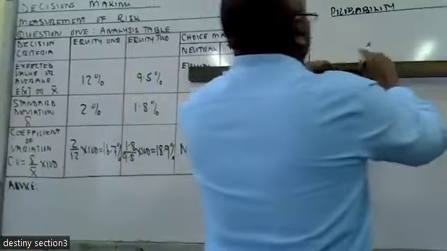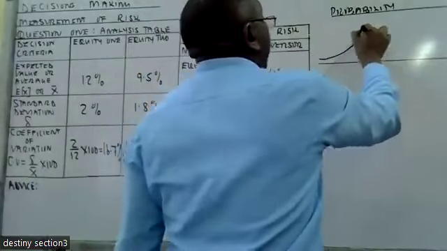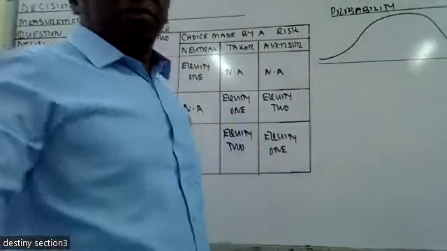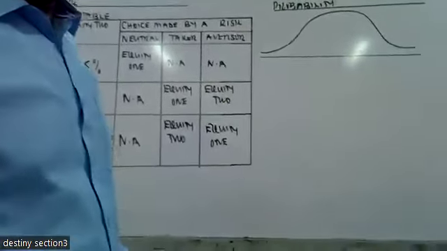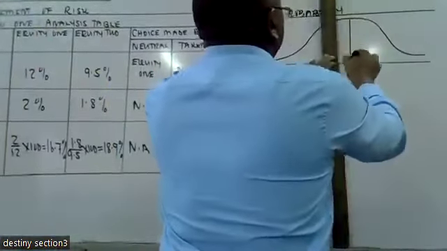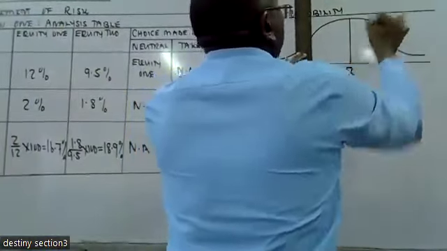In the probability, I told you what you do. You draw a normal curve like this. Then here you put the mean, here the standard deviation.